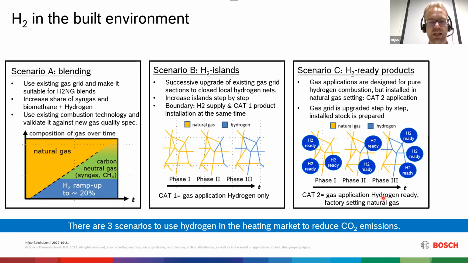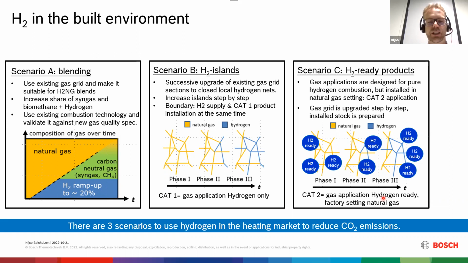Customers connected to a hydrogen island then need appliances that are suitable for 100% hydrogen fuel. And in scenario C, all appliances in the Netherlands will be made hydrogen ready, meaning that they can run on 100% hydrogen, but also on 100% methane.